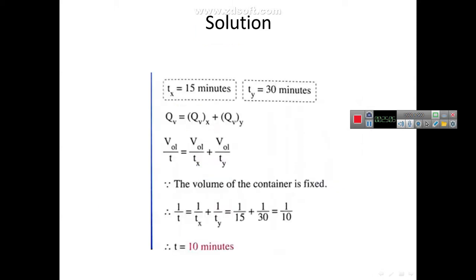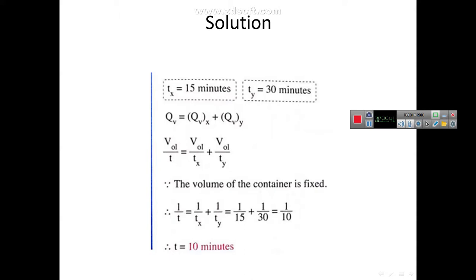Now the solution. The givens are Tx, the time for the container to be filled by tap X, is 15 minutes, and the time to be filled by tap Y is 30 minutes. So Q equals Qx plus Qy. So the volume over T equals volume over Tx plus volume over Ty.